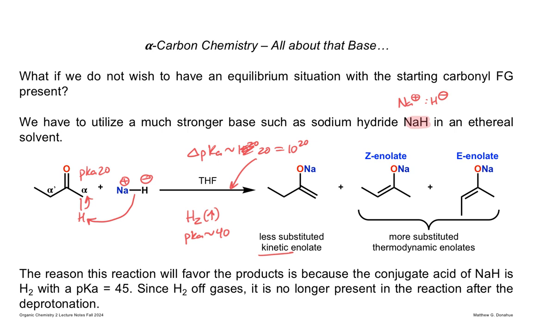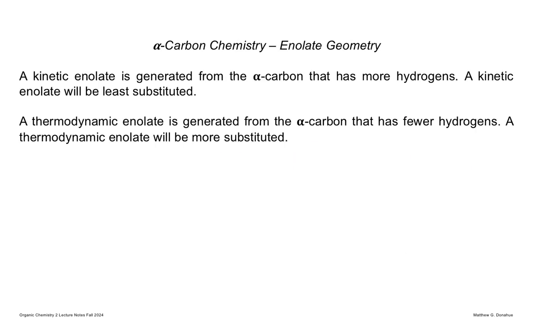And so now we've narrowed down the conundrum of too much stuff in the flask. We're now zooming in on one thing in particular. So the kinetic enolate comes from the alpha carbon with more hydrogens, and it gives the least substituted alkene.